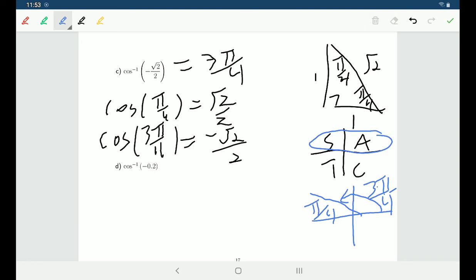Last one, cosine inverse of negative 0.2. Negative 0.2, that's negative a fifth. That's not something that I would get from one of my special triangles. I would get root 2 over 2s or a half or root 3 over 2. So that's my hint that for this one I'll need to use my calculator. Same thing that we did before.